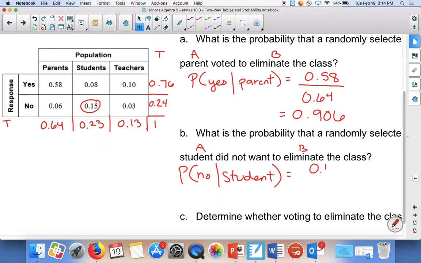That's 15% divided by the probability of A, because again, remember, you're dealing with conditional probability here. That's that vertical line right there. So take the probability of A and B divided by the probability of A. For the students, that's 23%. So when I divide that with a calculator, that's about 65.2%.